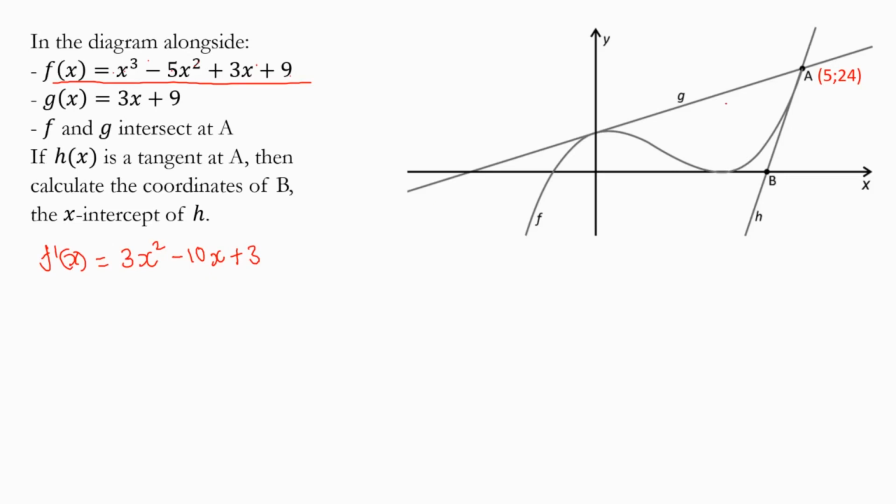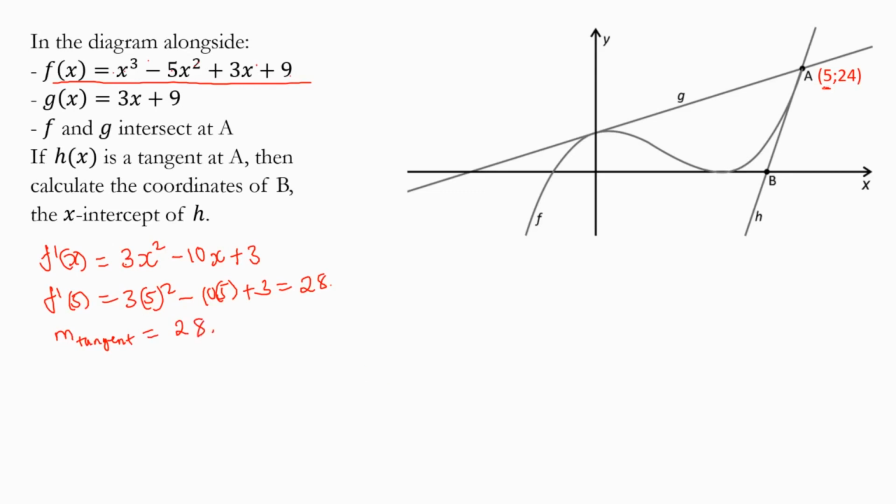Let's find the gradient at A. So we're going to substitute 5 into the derivative. So f prime of 5, we get 3 times 5 squared minus 10 times 5 plus 3. Then we get that f prime of 5 is equal to 28. So it means the gradient of the tangent is equal to 28.